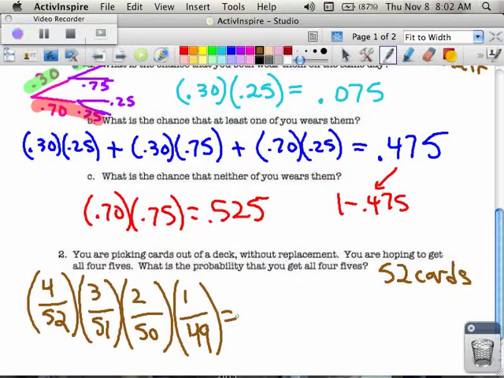So if I do that, it's a very small number, I'm sure. 4 times 3 times 2 times 1 divided by 52 times 51 times 50 times 49. And I get this thing.